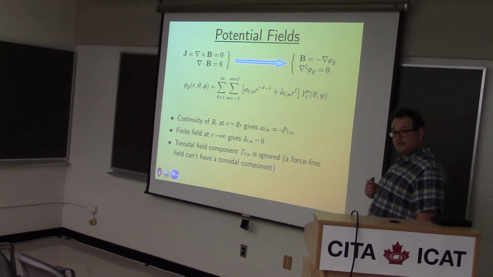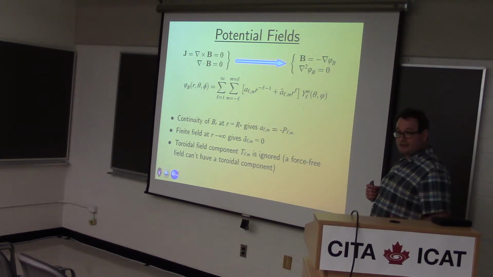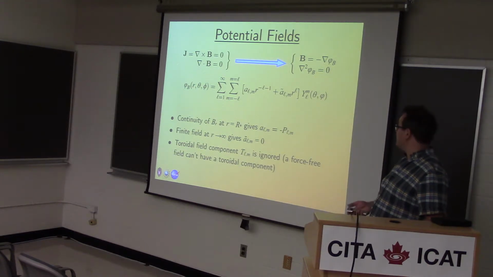Now, that's something that we've measured from the magnetic Doppler imaging observations. So in principle, using magnetic Doppler imaging, we can find the potential that will produce the right radial magnetic field at the stellar surface, and then we can use that same potential to model the field everywhere.